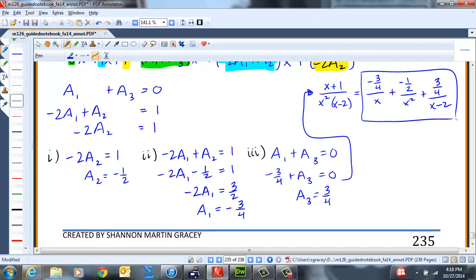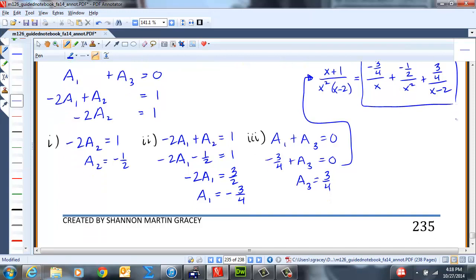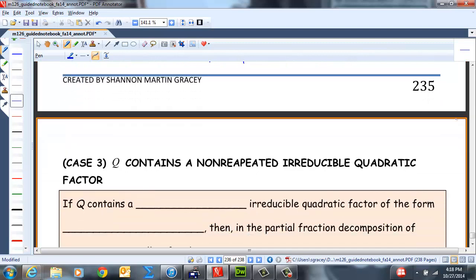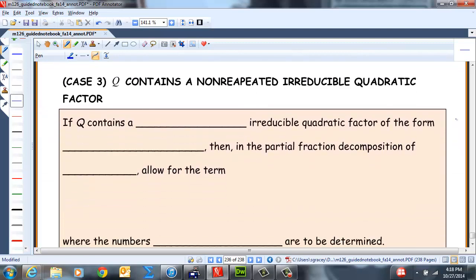Okay, the third case involves a non-repeated irreducible quadratic. So we put a constant over a linear factor, so it makes sense that we're going to put a line over a quadratic.